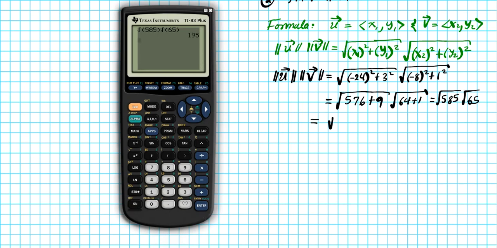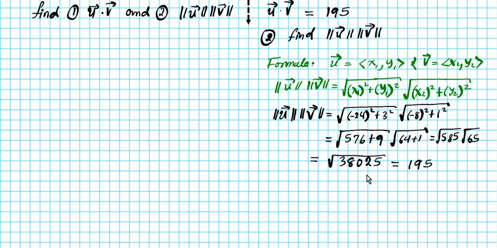So the intermediate product, let me just show you the steps: 585 times 65 is 38,025. And when we take the square root of that, it gives us a nice, perfect integer. Okay, that's great. Alright, so we've now found the two components that we need.